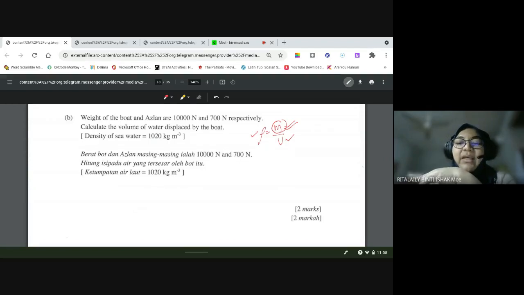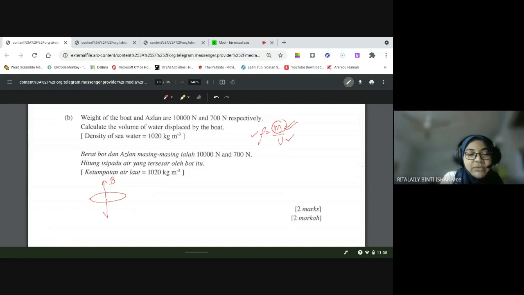So, tadi kita dah lukis boat kan? And then, kita dah tahu kat sini buoyant force. Lepas tu, apakah yang cancel off the buoyant force? Apakah yang menyeimbangkan dia? Sebab Azlan tak tenggelam dan Azlan tidak lompat-lompat. Weight.